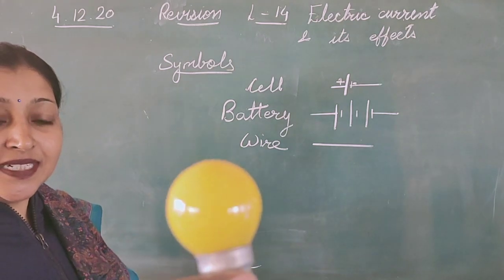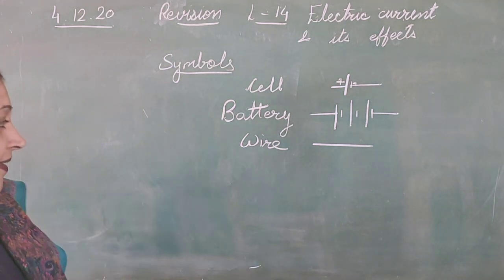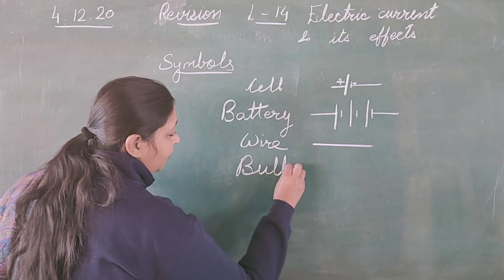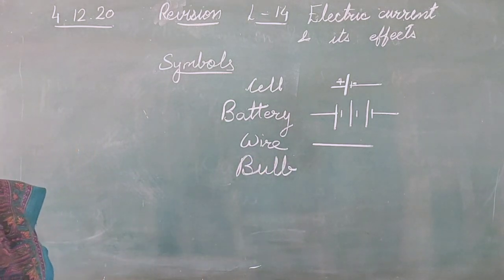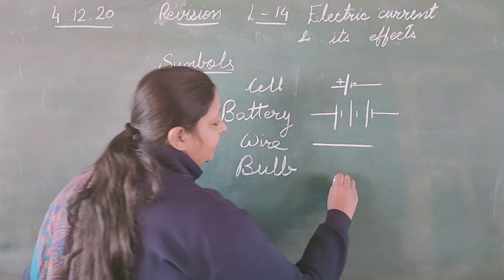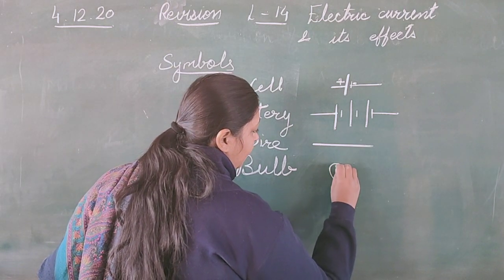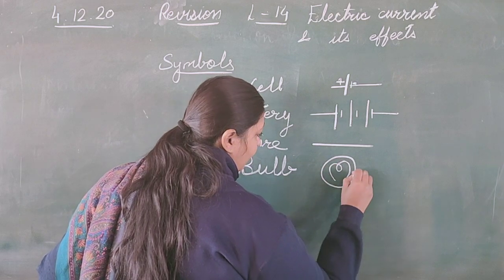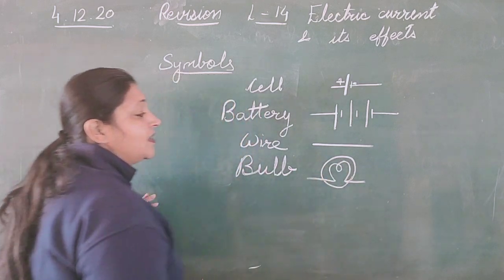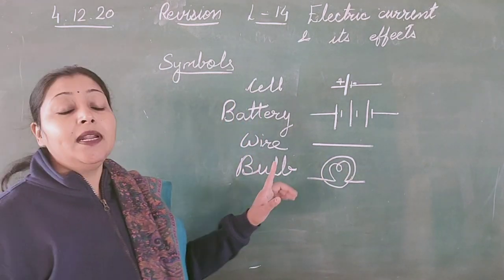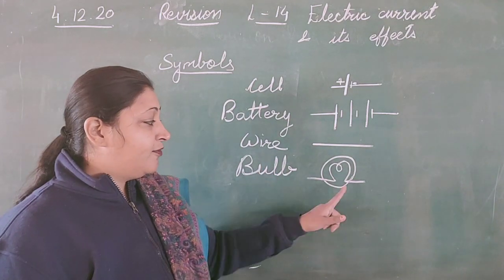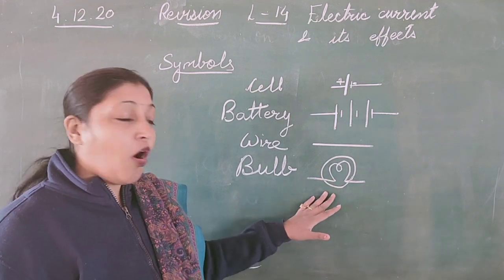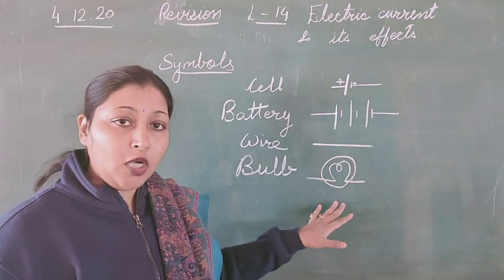Then next is this. What is it? Bulb. All of you know that now? Obviously, all of you know that. And how can we represent a bulb? We can represent a bulb simply like this. Okay? So this is our bulb. But children, this bulb which I have drawn is drawn in an off form, meaning it is not glowing.